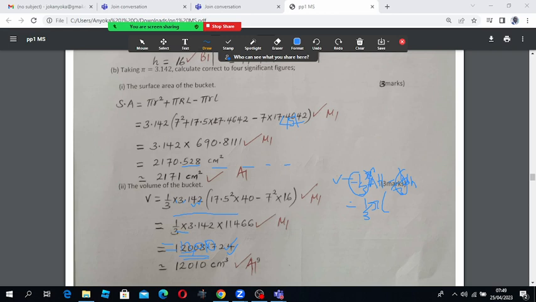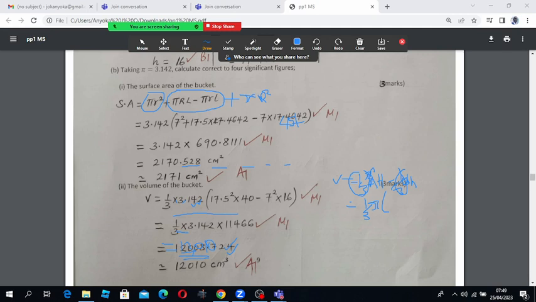All right. If the bucket was closed, the surface area was to comprise of the base, the curved surface, and also the area of the top, pi r squared.